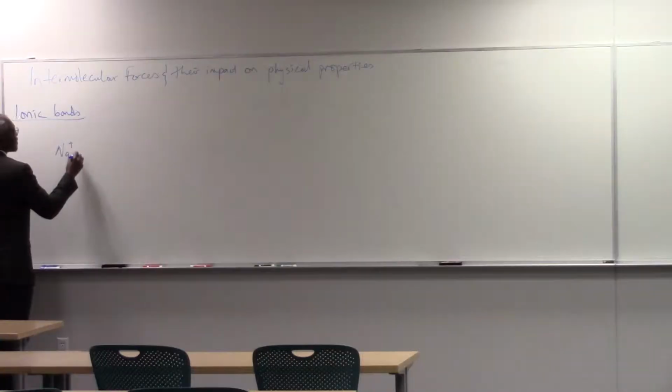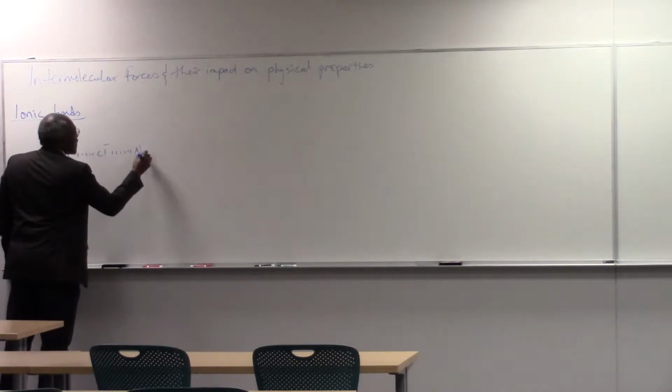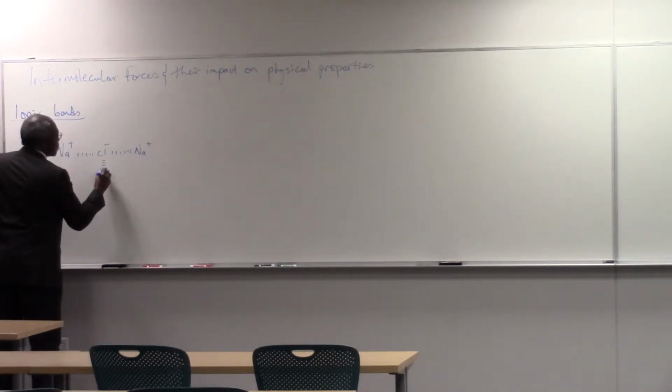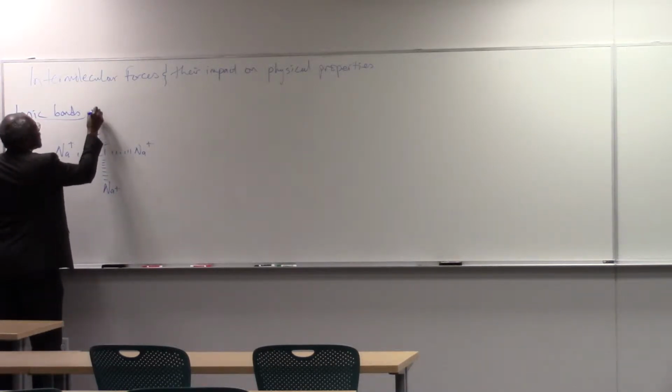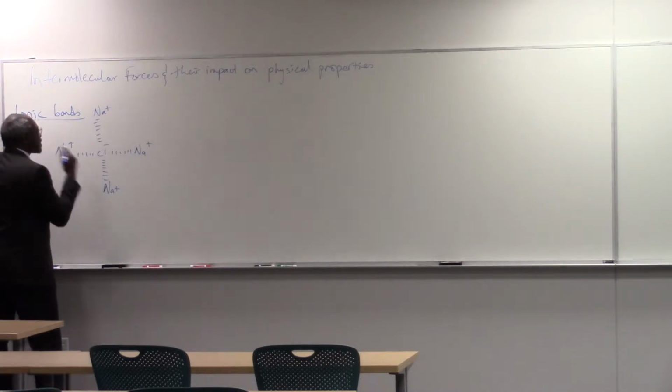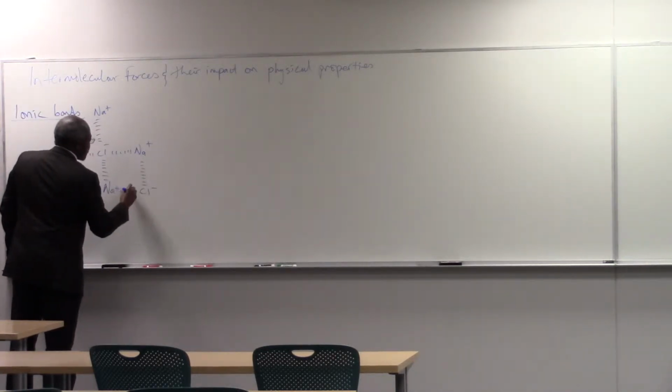Sodium chloride consists of Na plus and Cl minus, and every Cl minus is surrounded on all sides by an Na plus, and every Na plus is surrounded on all sides by a Cl minus.